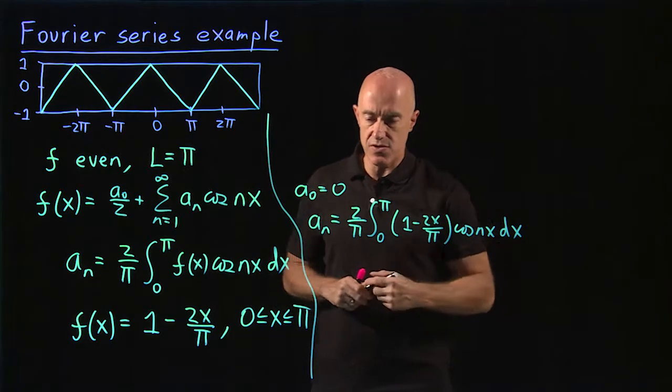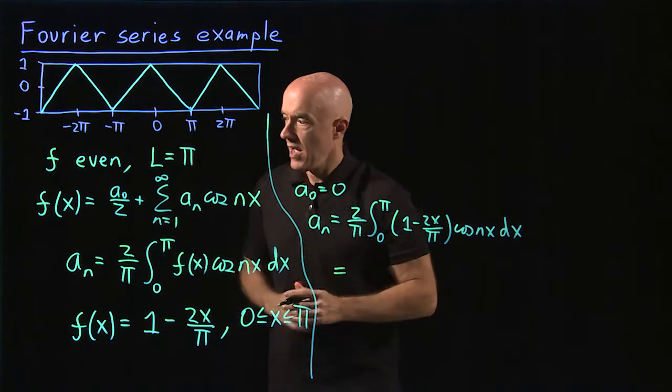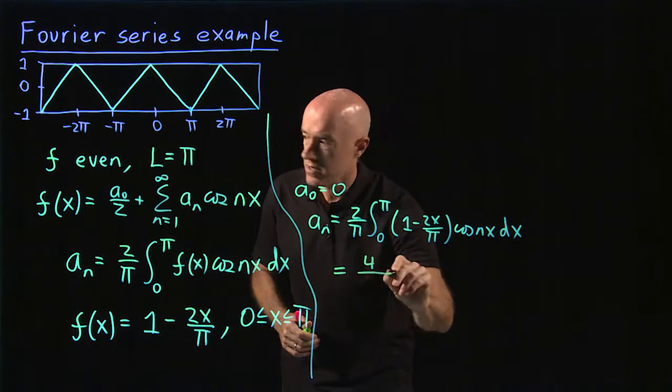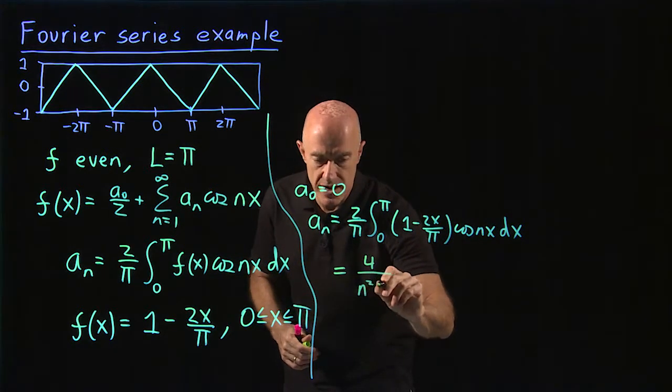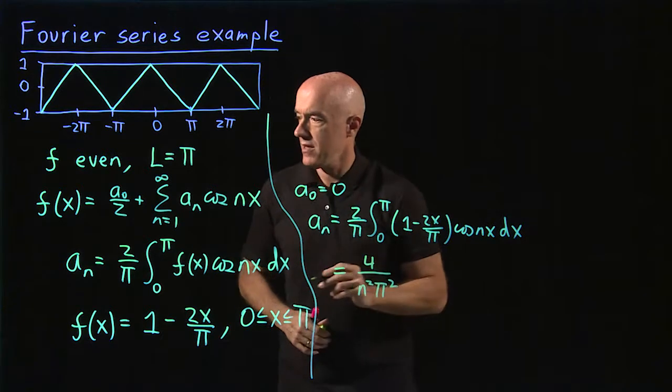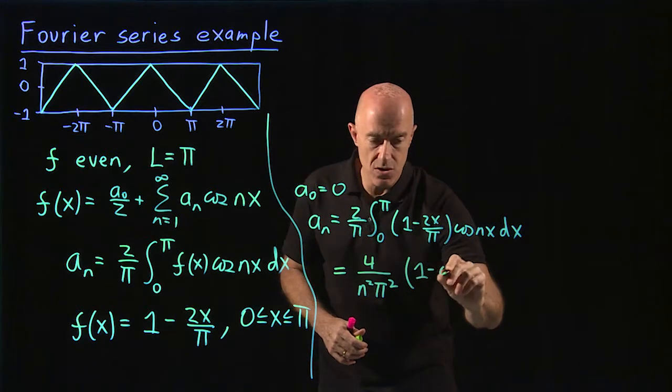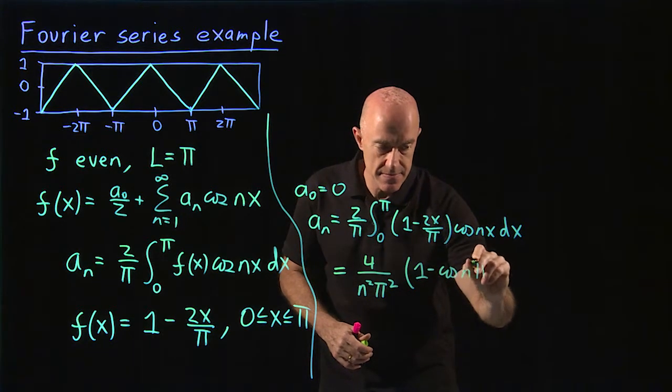If you do this integral, I can look at the answer. The answer would be 4 over n squared pi squared times 1 minus cosine n pi.